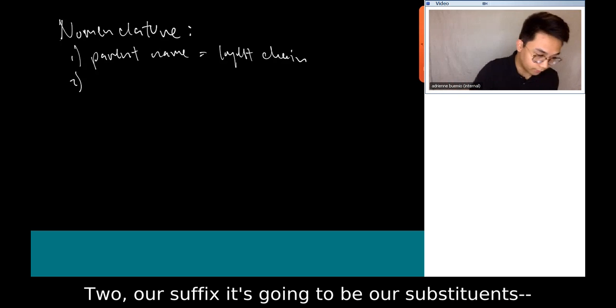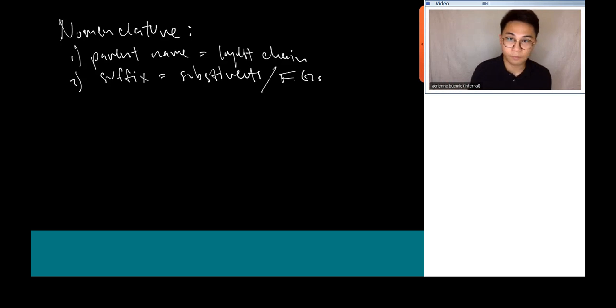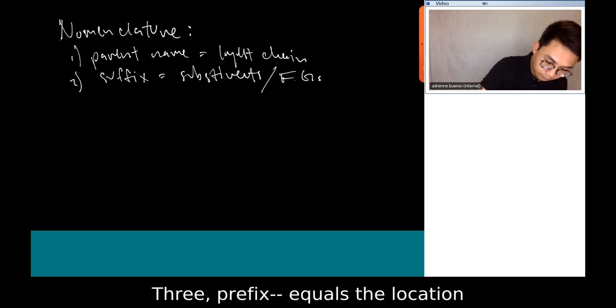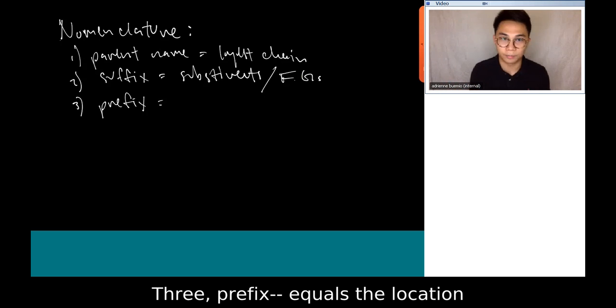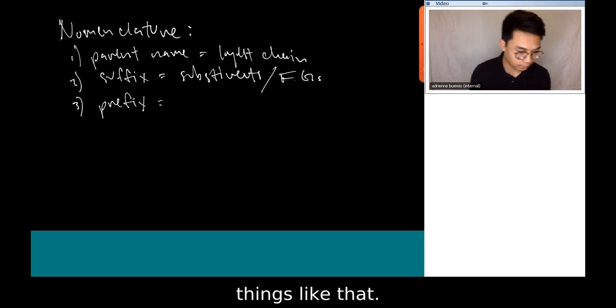Two, our suffix is going to be our functional groups, things like that. Three, prefix equals the location of where those substituents are, like 1-butyl or 1-isopropyl, things like that.